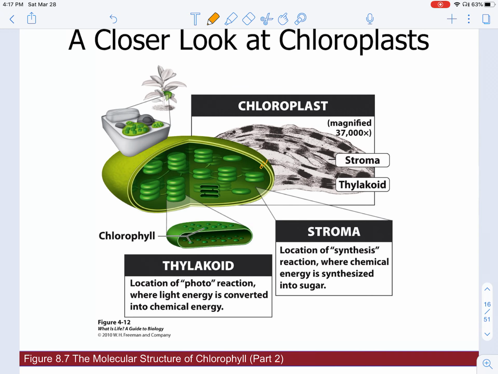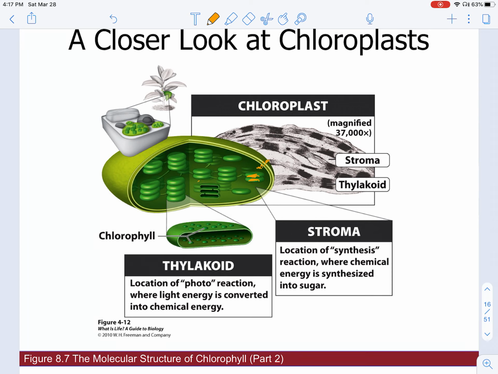They are a bimembrane structure. Within them, they have these things called thylakoids. The thylakoids are going to be the place in which the photons hit the chlorophyll molecules, and we'll see form a concentration gradient of protons that allow for work to be done.